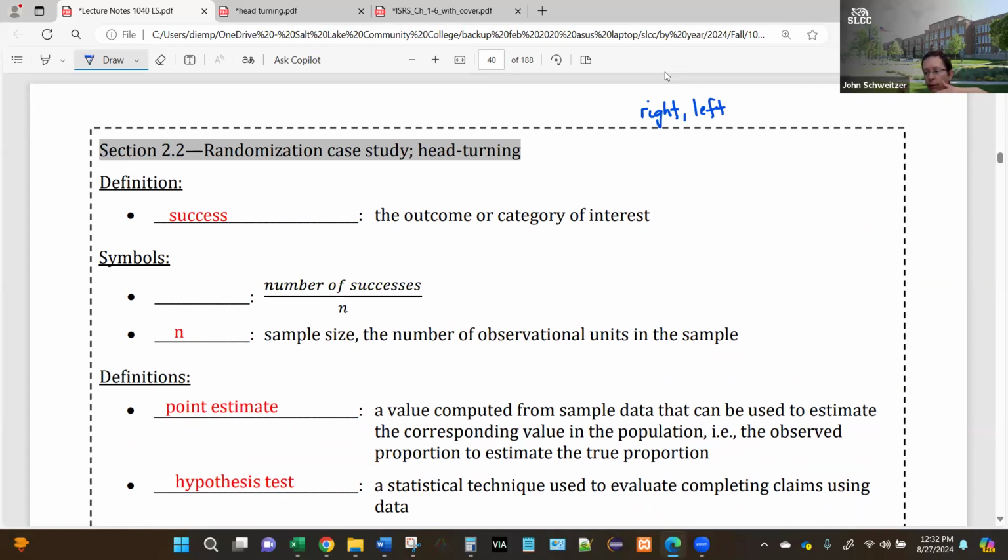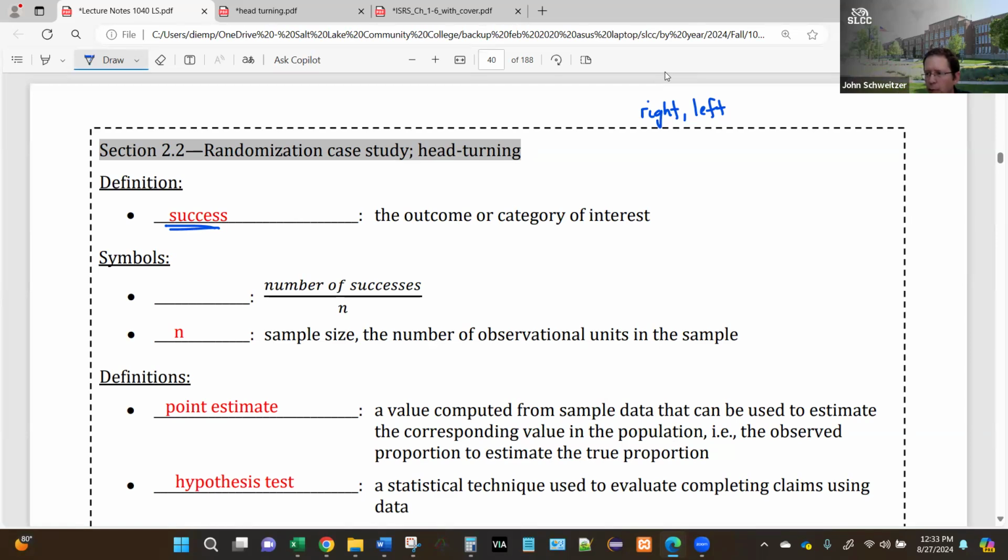If you read the paper, he hypothesized that even in adulthood, there was a lingering effect of a preference for right turns. And so the category he was most interested in was the right turn. We call that category the success category.